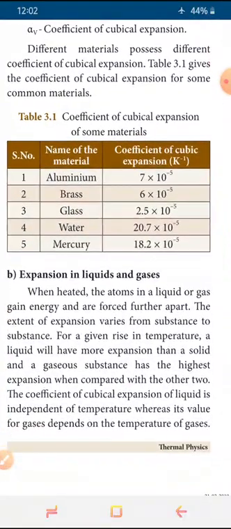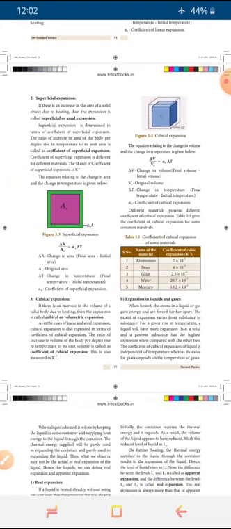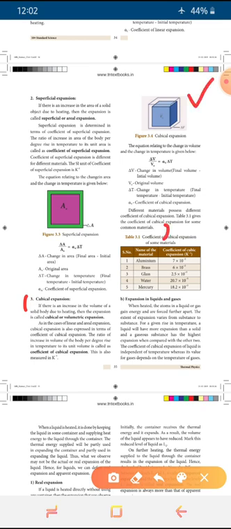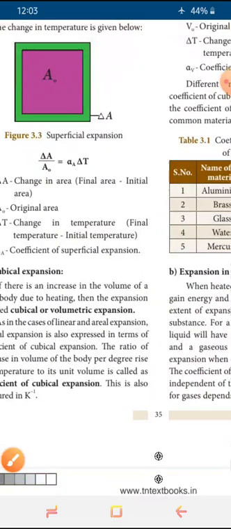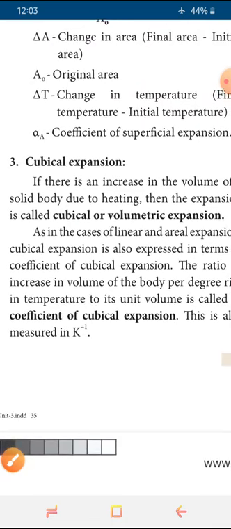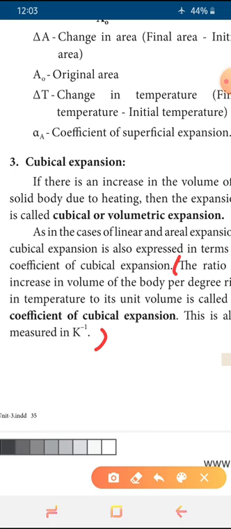And the next one is expansion in liquids and gases. Before that, we'll mark question answers for the previous topics. You can mark the full cubical expansion topic, up to the common materials including this picture, for the 7 mark question, and there are 2 mark questions also. If they ask to define cubical expansion, you answer from here to here, and if they ask to define the coefficient of cubical expansion, you can define from the ratio up to this point for the 2 mark question.